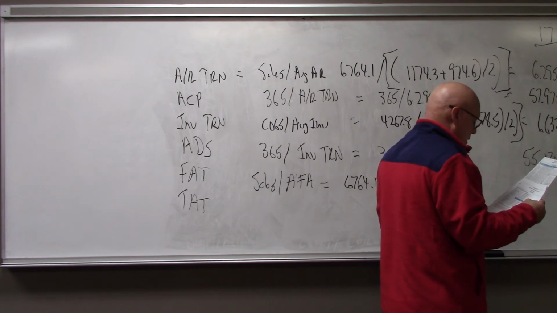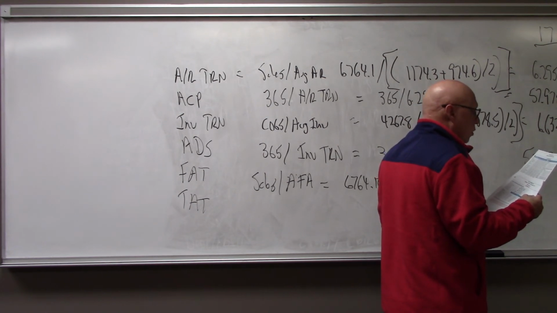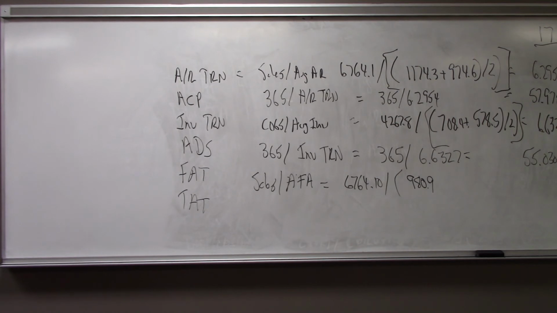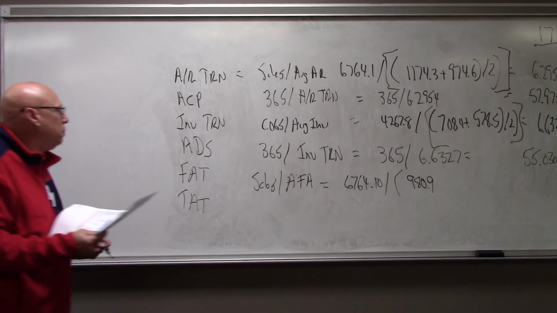And it looks to me like we just included, let me do this calculation to see if we included the intangibles. So if you have 6764.1 divided by our fixed asset turnover of 7.2181, we come up with 937, that's just the PP&E. So this is just PP&E here.